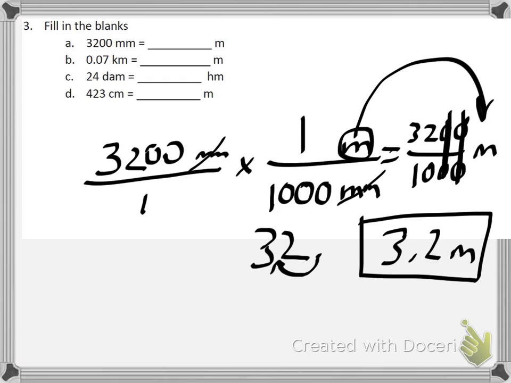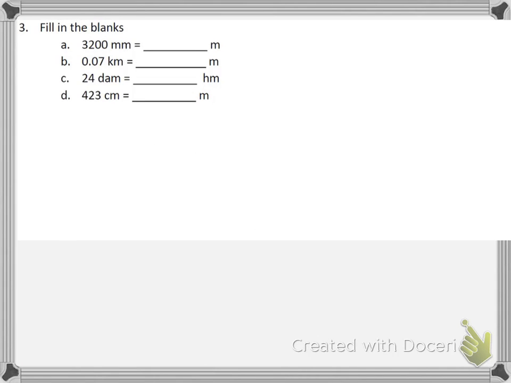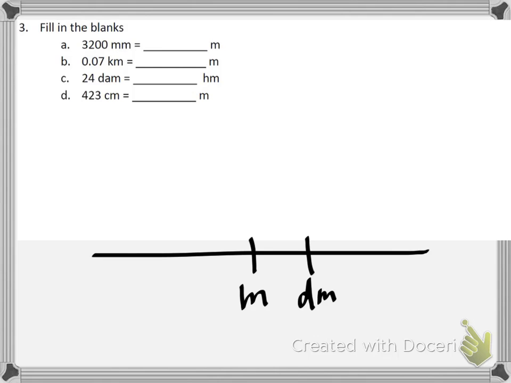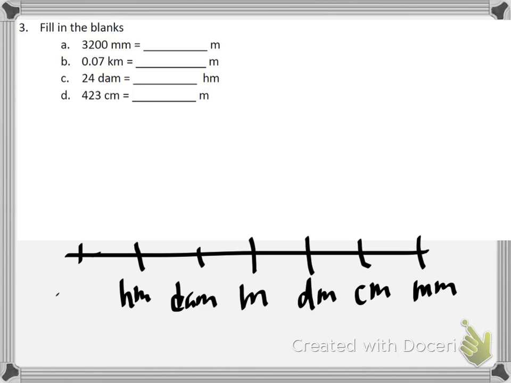Another thing we can do with this is we can use our conversions. We have meters, and then we're going to have decimeters, then centimeters, then millimeters. We can also have here decameters, then hectometers, and our kilometers.